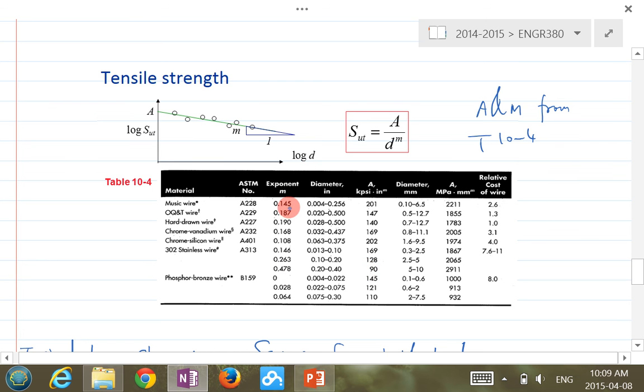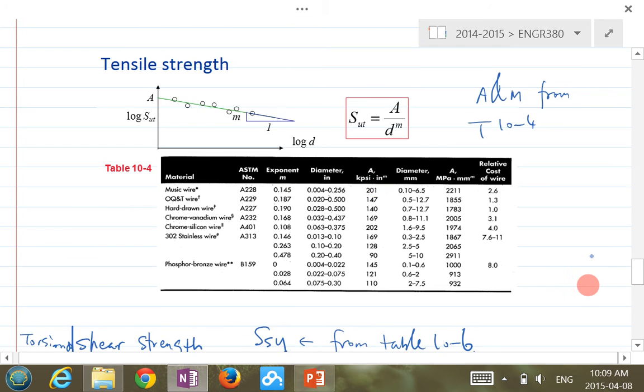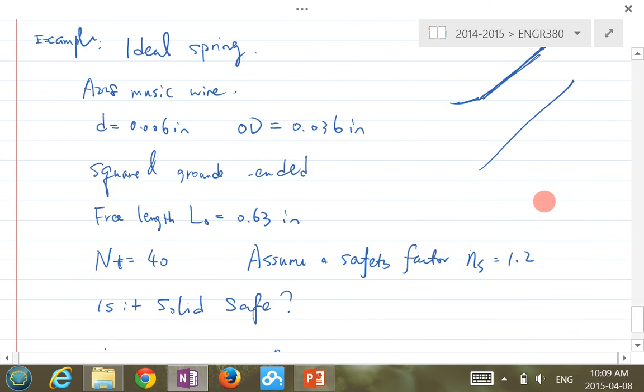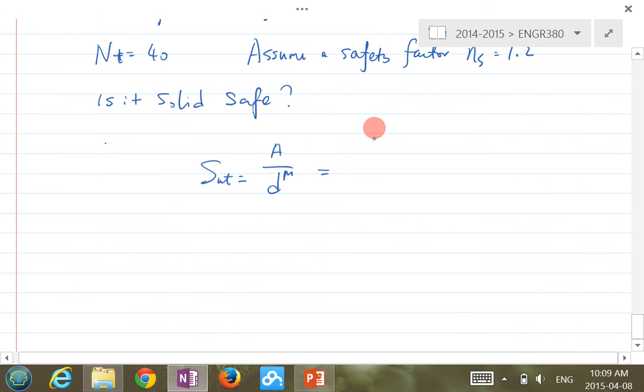So m is 0.145, A is 201. What comes out, the unit is KSI: 422.1 KSI. That's SUT.